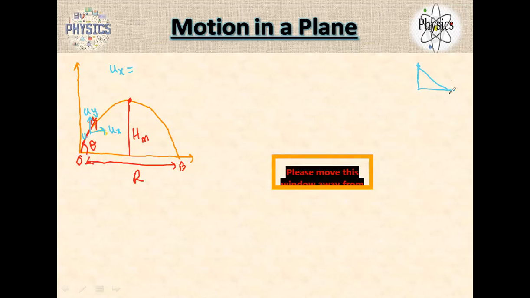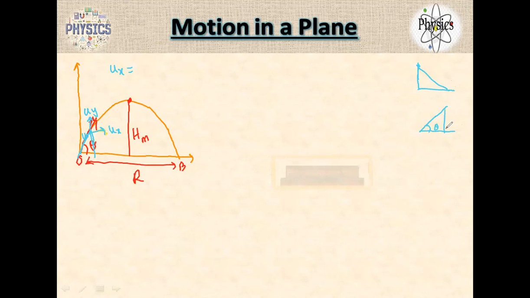Now it's like a triangle. What I'm trying to say is that you should write it like this. The object is projected like this, and this is your horizontal direction. This is theta.